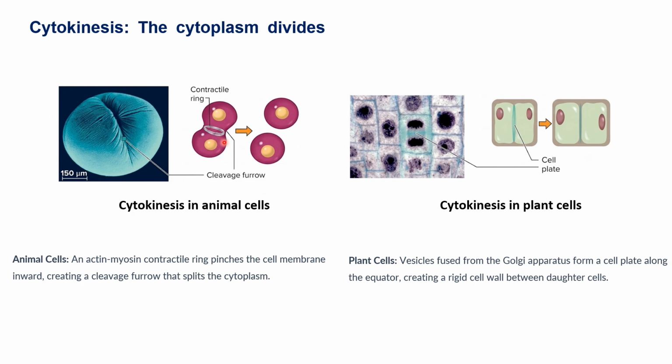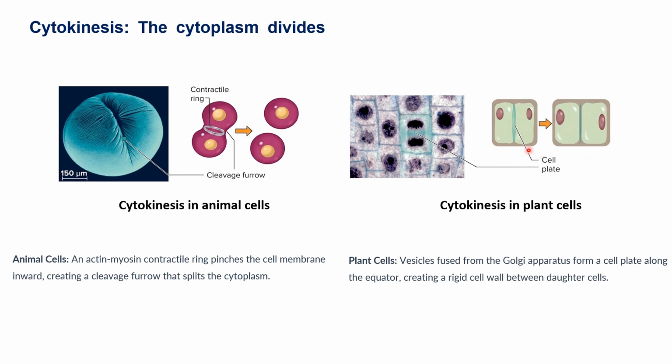Then, when these membranes fuse, they break apart and the cytoplasm is divided, and finally it forms two daughter cells. Now, what happens in plant cells? Because of the rigid cell wall, they can't pinch inward.